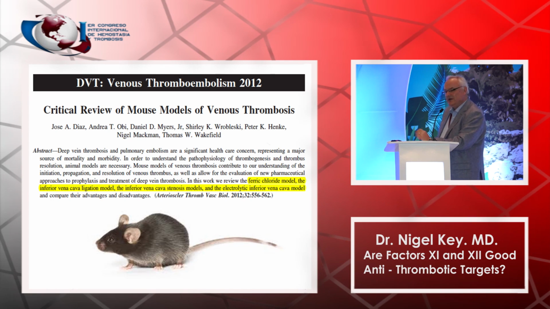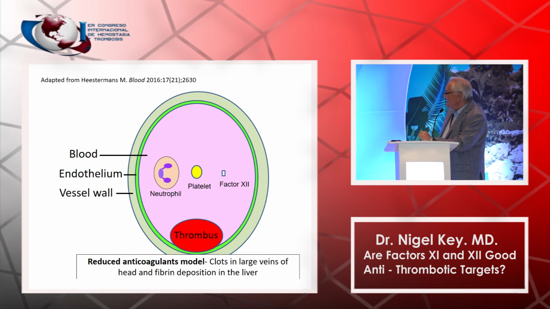So they're all different, and indeed, we fast forward a few years to this paper, which just came out a few months ago in Blood, in which we can ask the same questions in a different model. What's the role of the neutrophil, platelet, and factor 12 in venous thrombosis in a different model?